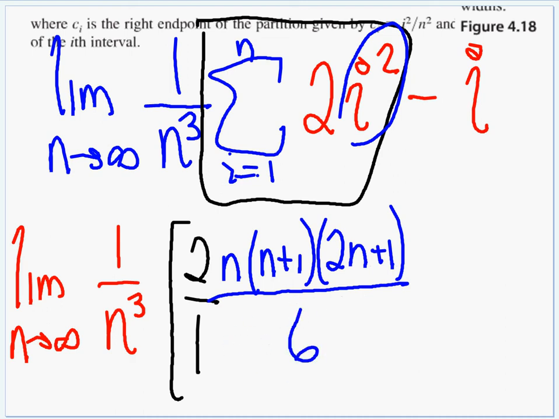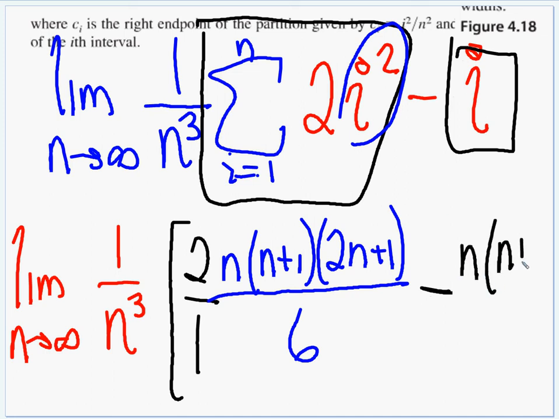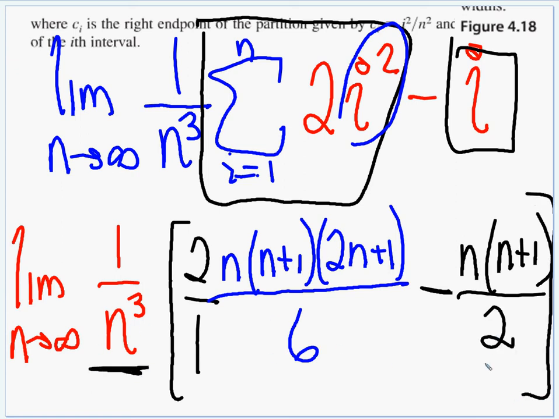That's right, 6. So that's our first part there. That's summation. And then we've got minus. Here's i. And we've got a formula for i. That's n times n plus 1 all over 2. Close the brackets. Remember, this 1 over n cubed would be distributed to both of those terms.